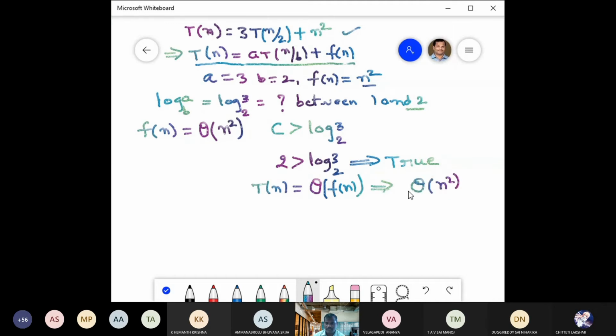So the total time complexity is theta of n square.